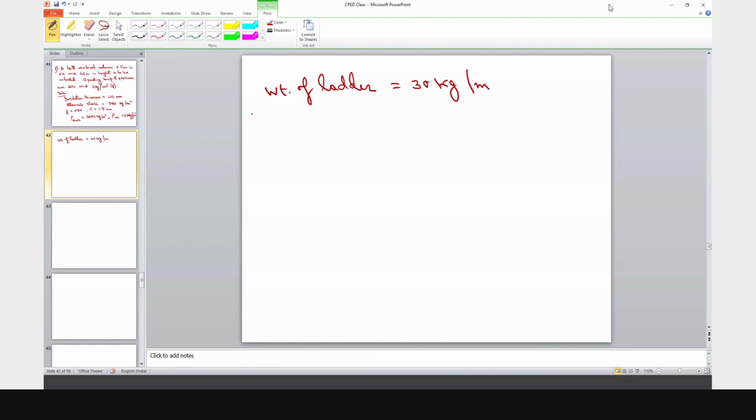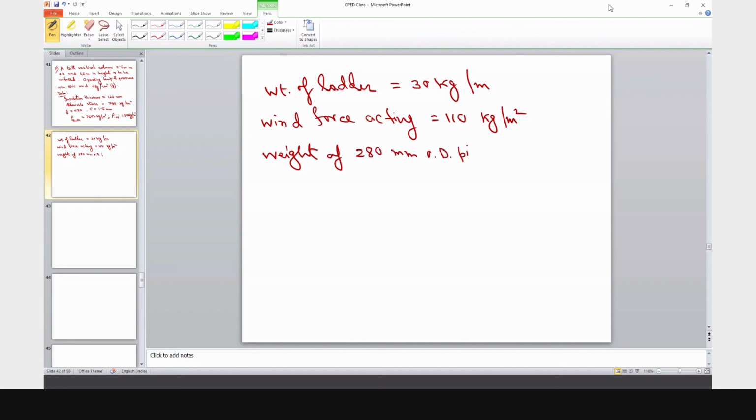Wind force acting, that is the wind pressure, is 110 kg per meter square. Weight of 280 millimeter outside diameter pipe equals 60 kg per meter.